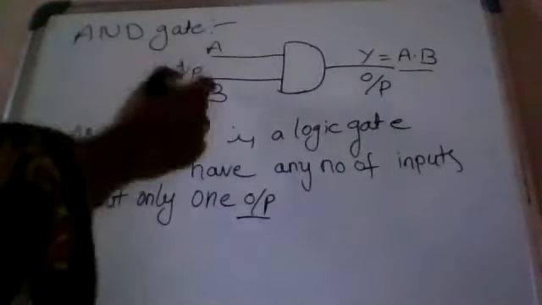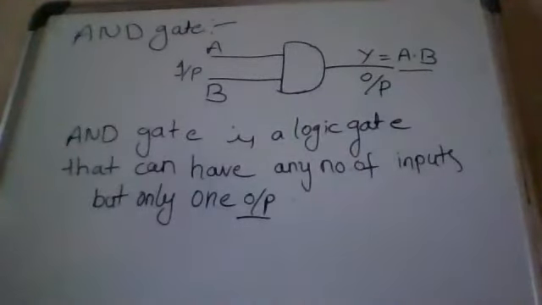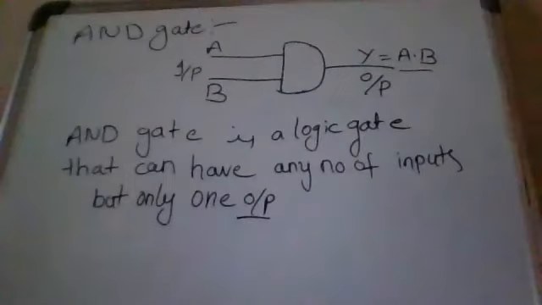So if A comma B are two inputs of AND gate, then output of AND gate is Y equal to A dot B.